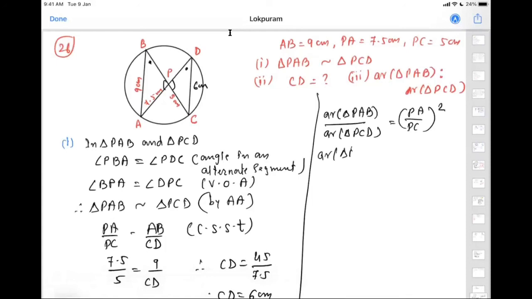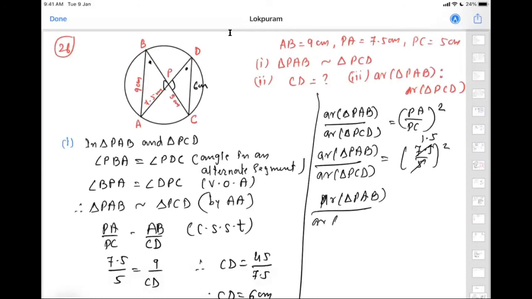Area of triangle PAB upon area of triangle PCD, that is equal to 7.5 upon 5 whole square. Cancel कर दो 1.5, that is 3 by 2, का square is 9 by 4. Area of triangle PAB upon area of triangle PCD is equal to 9 by 4.